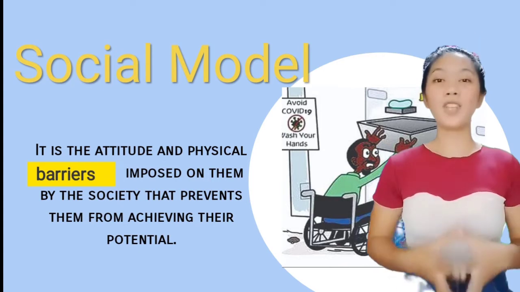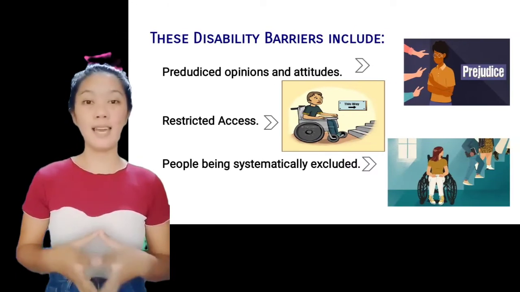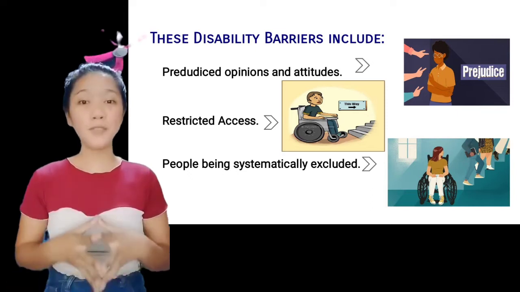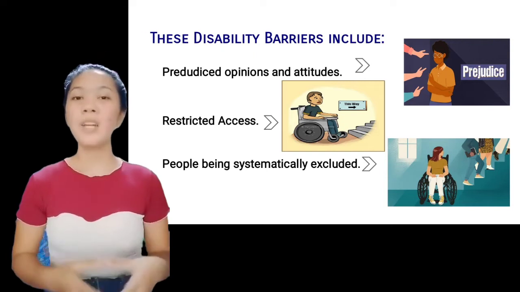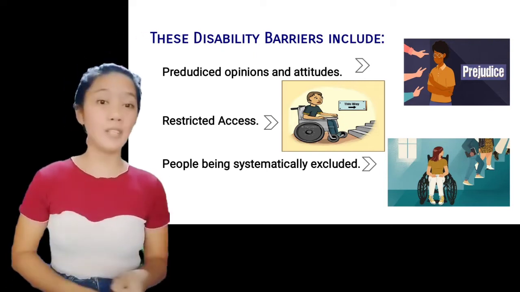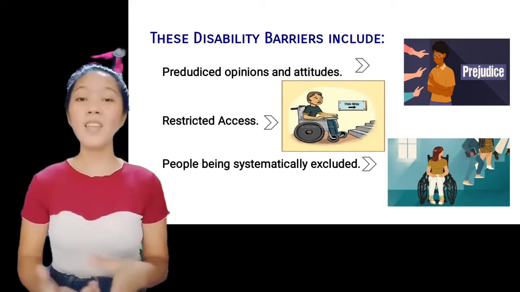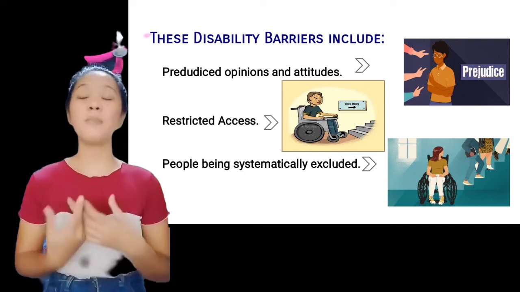So we have 3 barriers. First is the prejudiced opinions and attitudes. This first barrier rejects people with disability, regardless of whether they give their opinions or sentiments, yet they don't acknowledge it. They judge the presence of PWD.